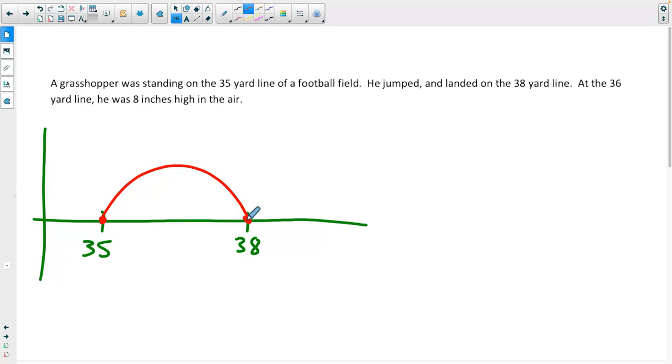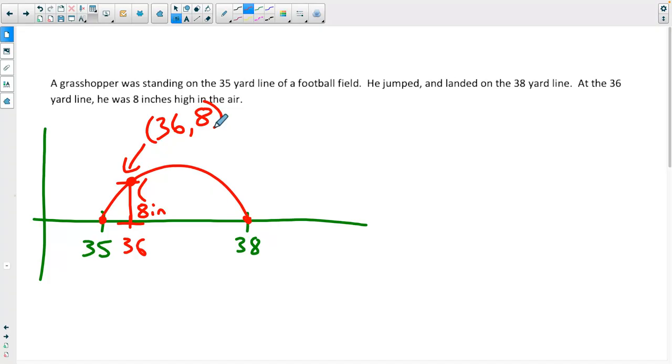What's the other piece of information that I should put in my picture? How high? Yeah, so I'm going to go at 36. He was at a height of 8 inches, which is the same as writing this as a point, which would be 36, 8.